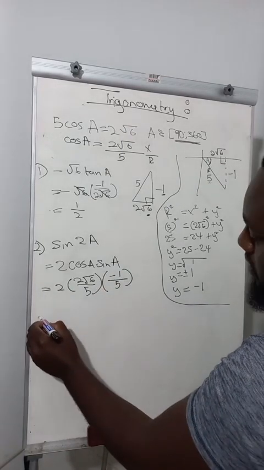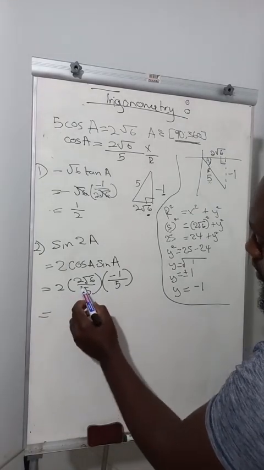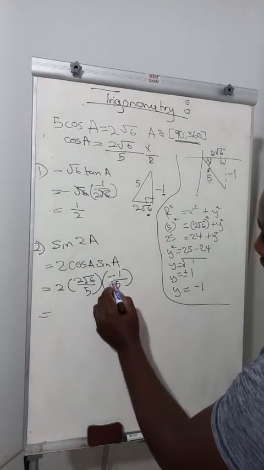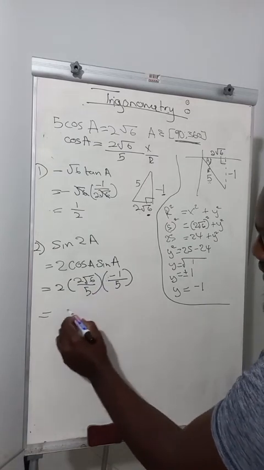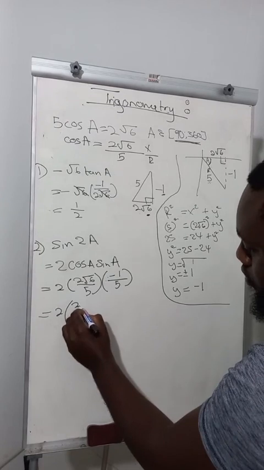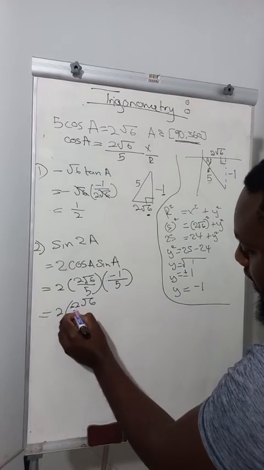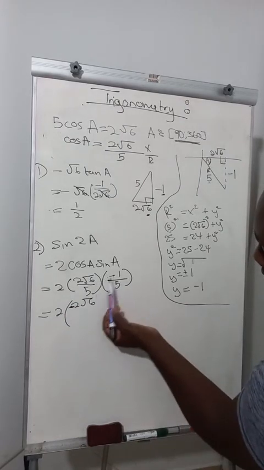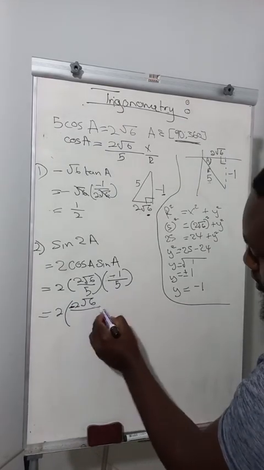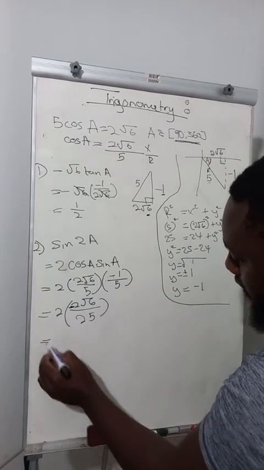So now you can say 2 multiplied, let's start with these ones here. You'll have a 2, and then the square root of 6. It will be a negative here, because of this negative and the 2 there, all divided by 25.